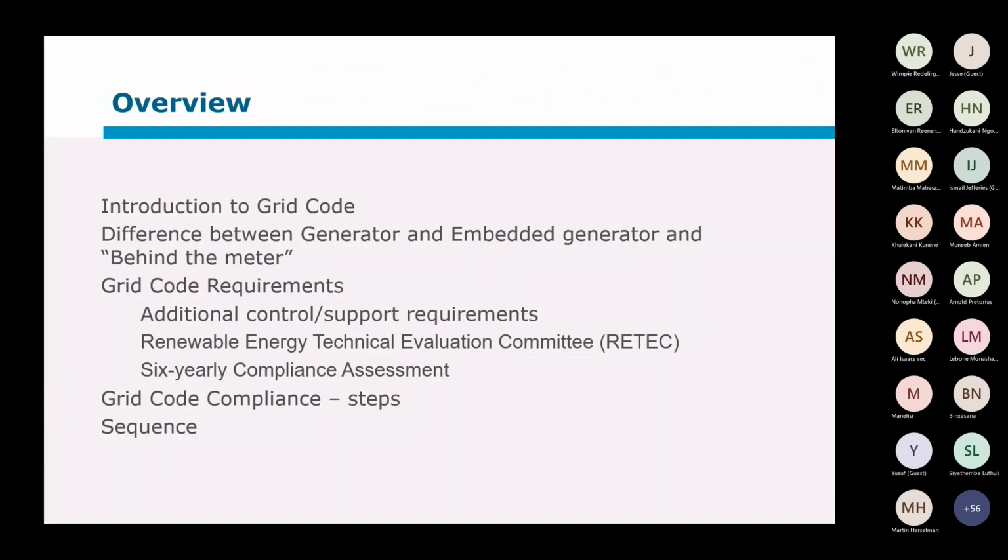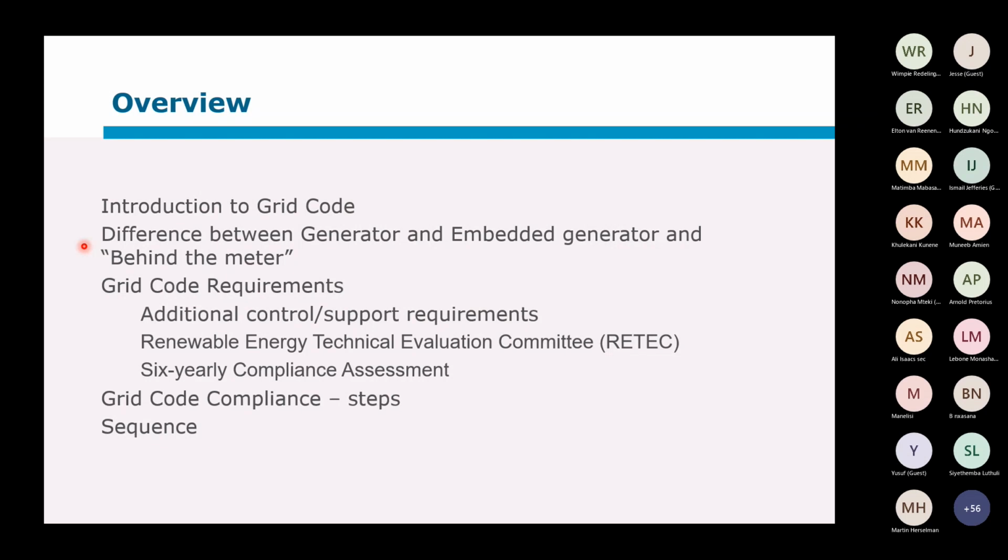So we have done an overview of the grid code on day one as part of the regulatory framework. We have discussed the difference between generator, embedded generator, and what I now call behind the meter EG. The generator is typically connected at the higher voltage levels.